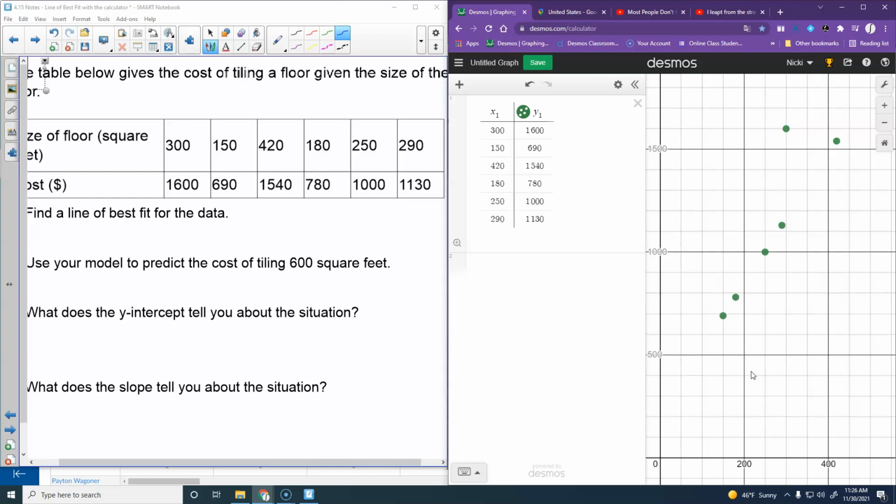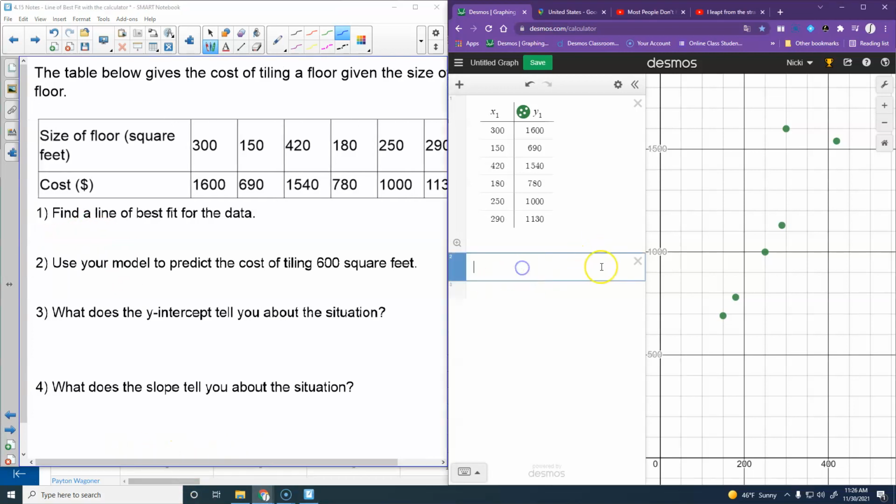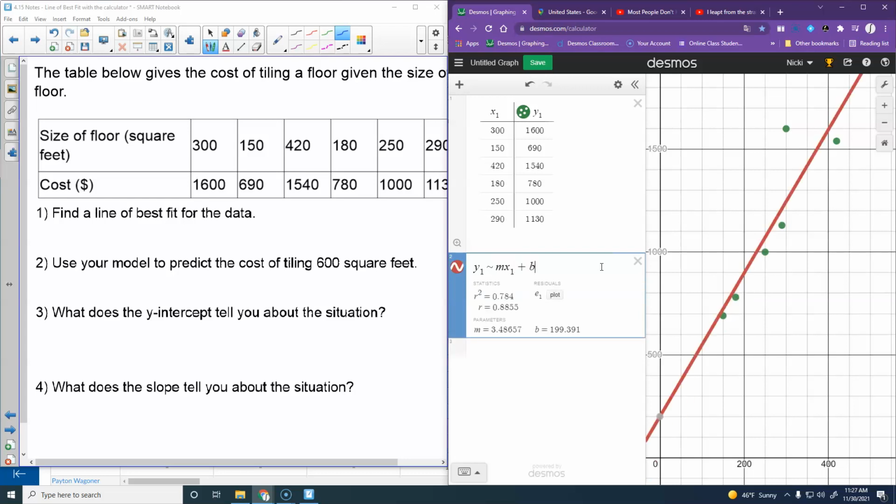Okay, questions? All right, the first question over here asked me to find a line of best fit for the data. So, Peyton, what do I have to do to find that line of best fit? Y1. Yes.